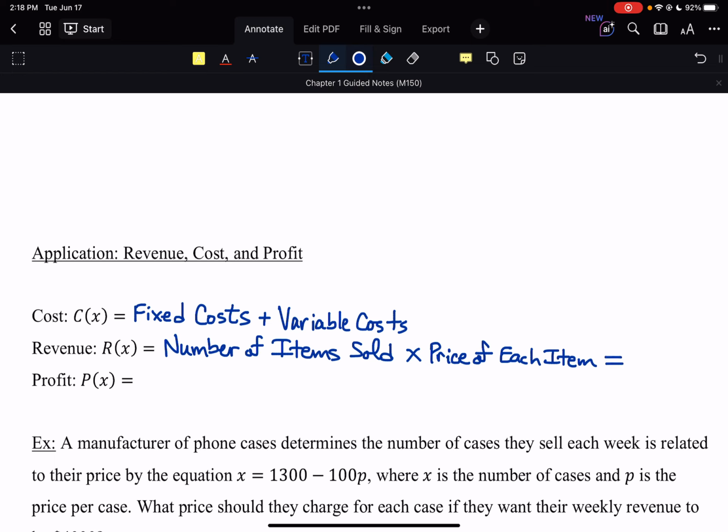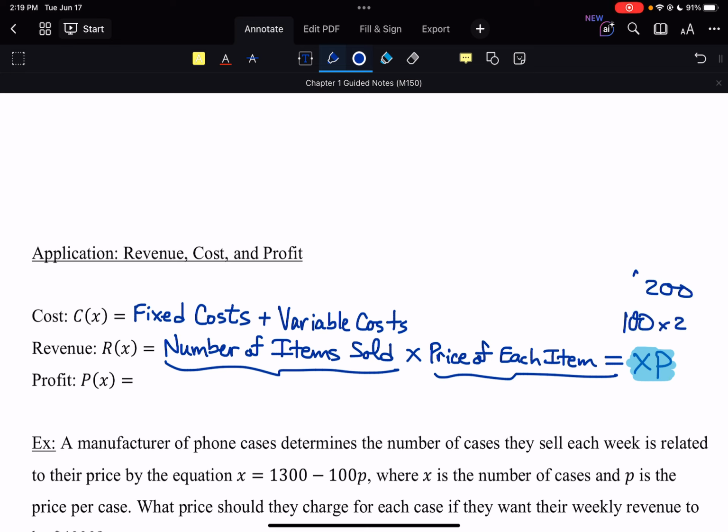And typically, for the number of items sold or quantity, we call that X, and the price is P. So typically, we get the formula X times P for revenue. So revenue is the money coming in. So if I sell, again, 100 glasses of lemonade, and each one costs $2, 100 times 2, I've made $200, right?